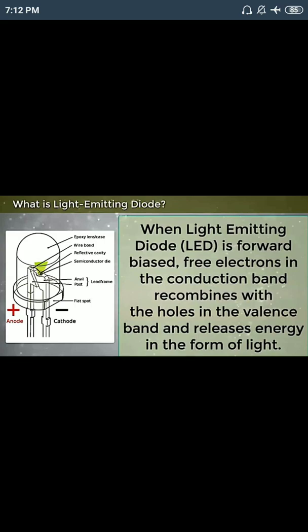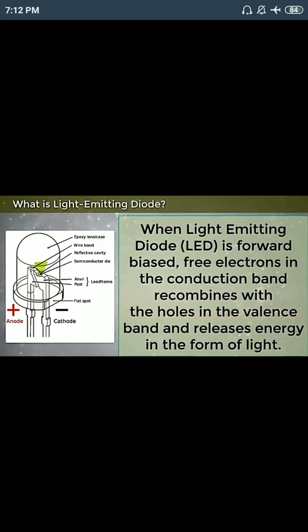When it jumps and travels some distance, that is the band gap or the energy band gap. When it travels this band gap, it requires some amount of energy, and it reaches the conduction band.